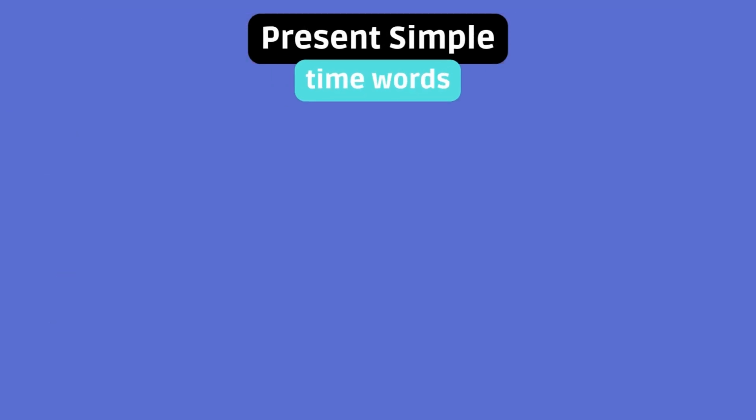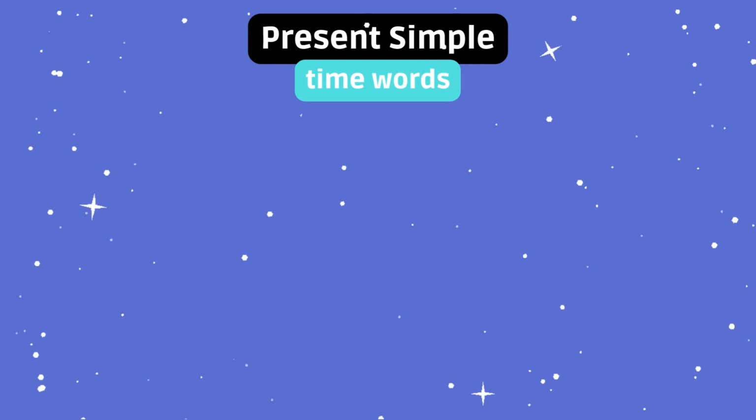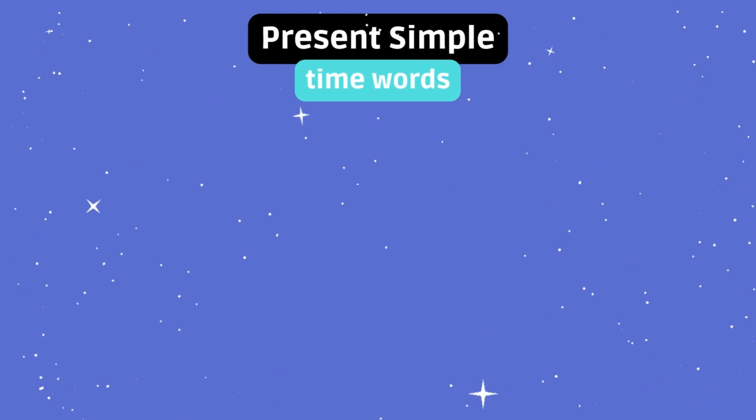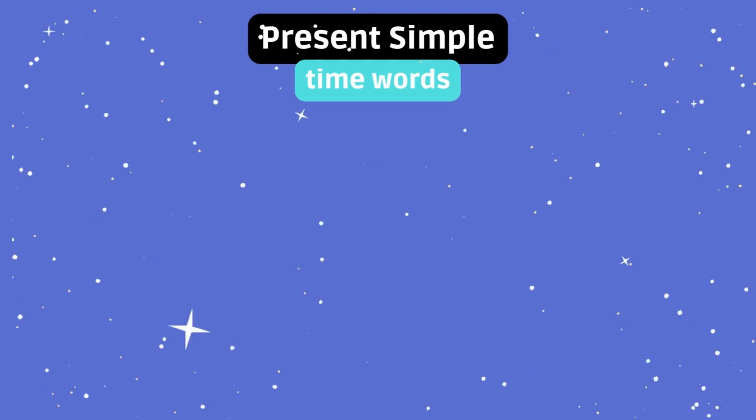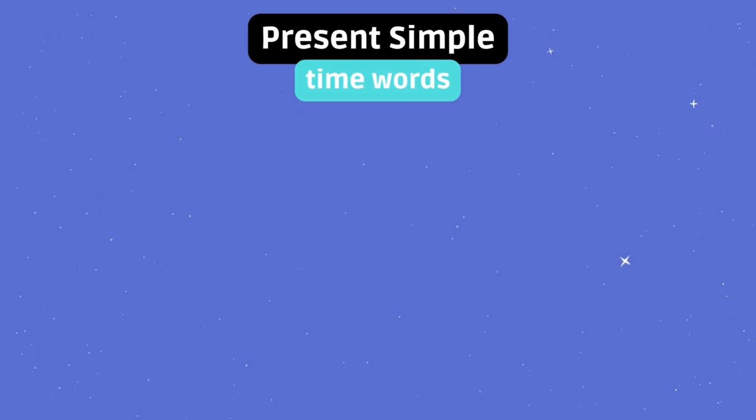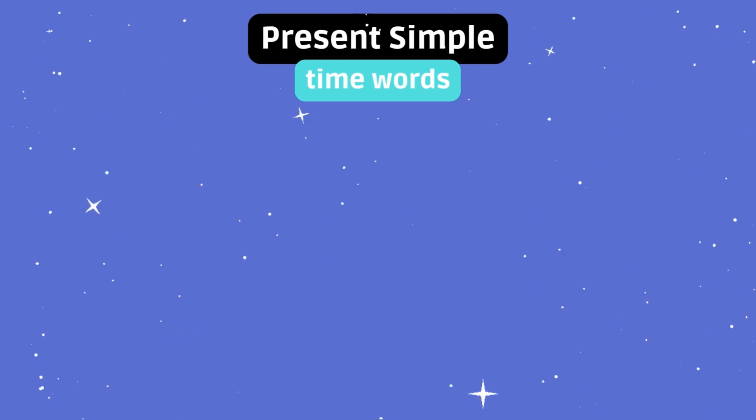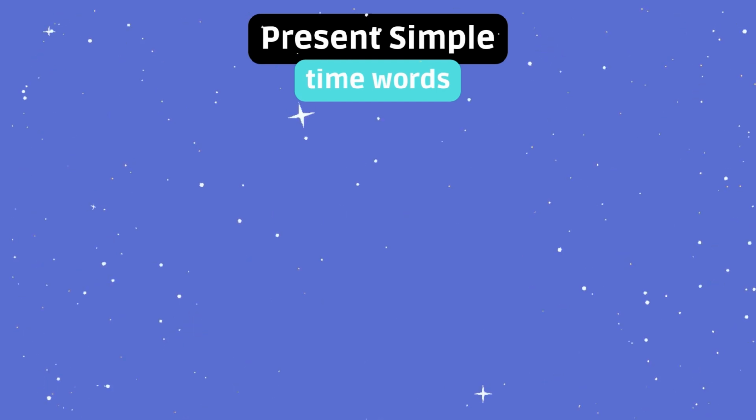Time words. If you're still not at ease, there's a pretty good way to distinguish the present simple and the present continuous. Check for time words. It's very common to see the following along the present simple.